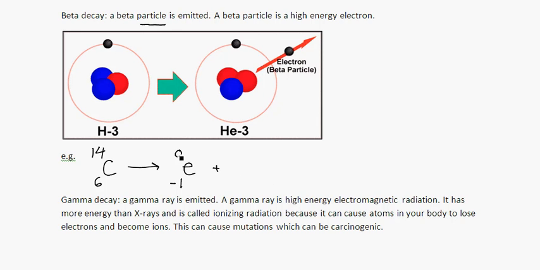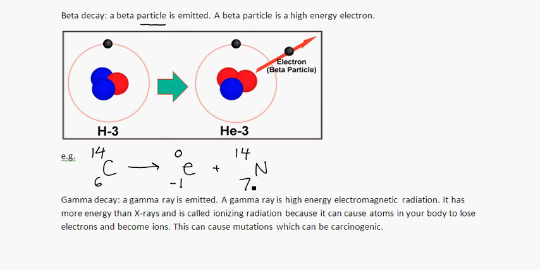Well, the mass needs to be 14 to conserve the mass, and if we want to conserve the charge as well, -1 plus some number has to give us 6. Well, this has to be a 7. So we look at the periodic table, see what atomic number 7 is, and you'll see that it's nitrogen. So we've learned that carbon-14 decays by beta decay into nitrogen-14.